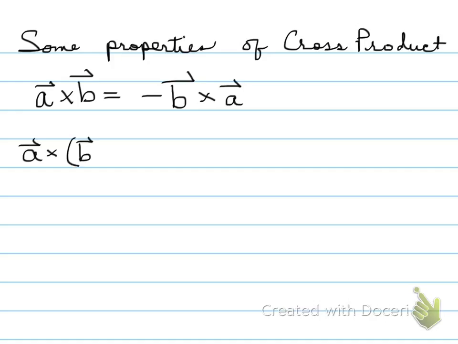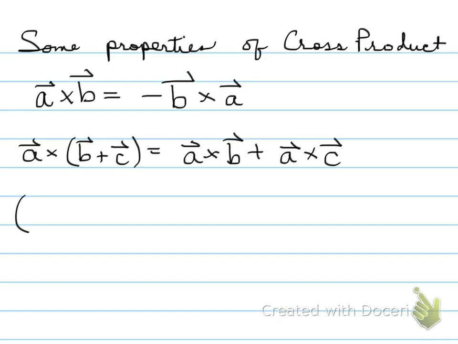Next is that if I have the cross product of a sum of two vectors, that is equal to the sum of the individual cross products, noting that the first vector right here is the first vector in both cross products. That's going to be important as well, again because of the very first property listed there.